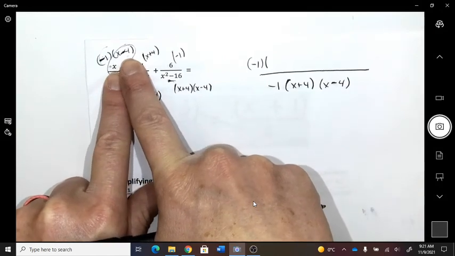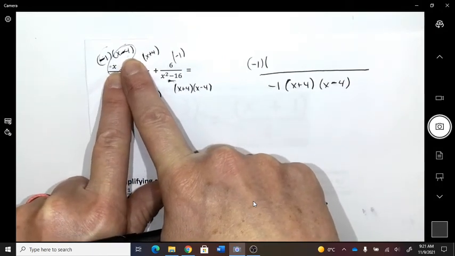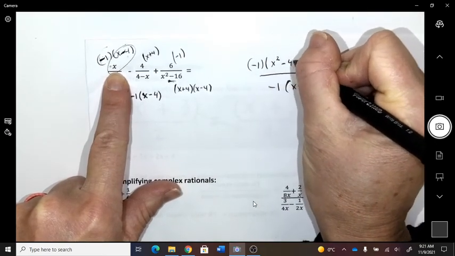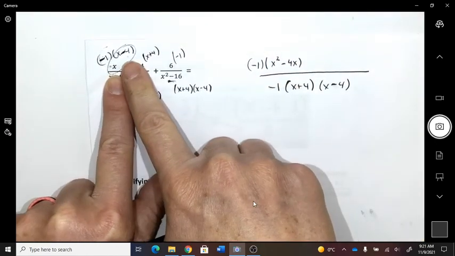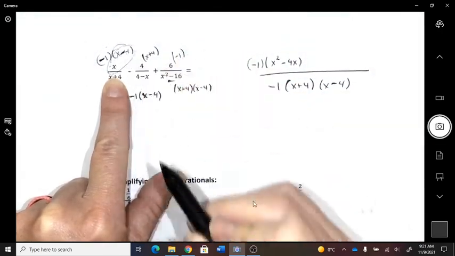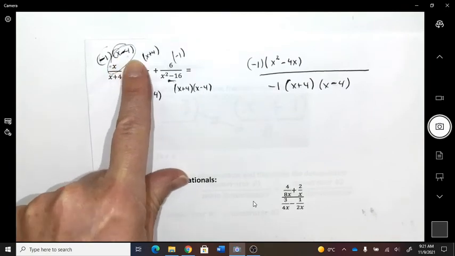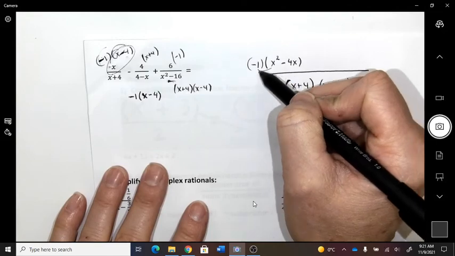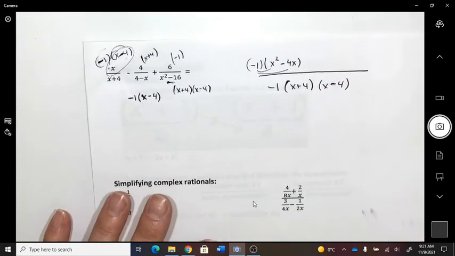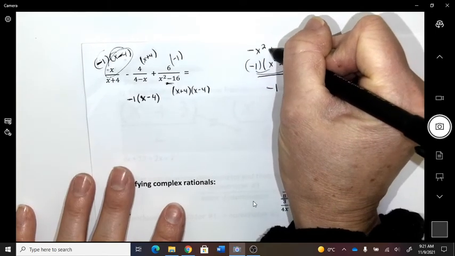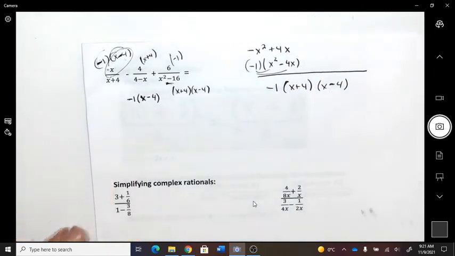Multiply that by that. I'm going to get x squared, subtract 4x. See what I did there? Distributed, x squared minus 4x. So now I'm going to also then multiply it by negative 1. So negative x squared plus 4x.